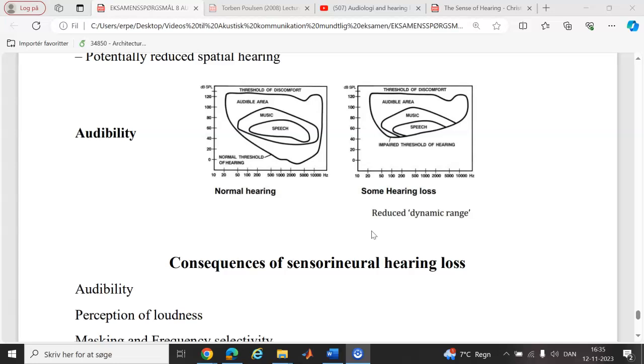The hearing threshold is increased. You need more sound level for an impaired ear than for normal ears. So the curve is lying higher, you can say.